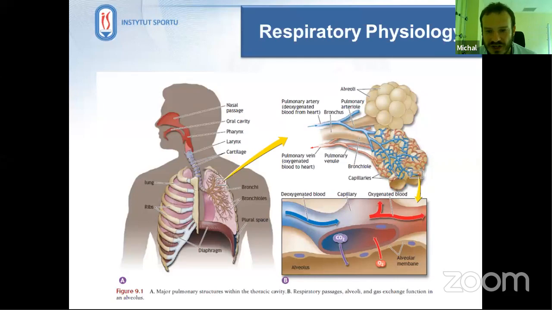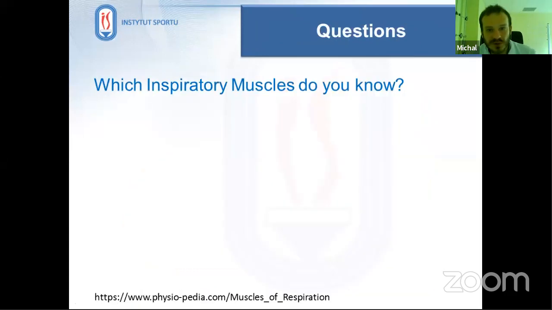The exchange of CO2 and O2 is made in the bronchioles and capillaries. But what is most important for me is that here we have the main inspiratory muscle, the diaphragm, which we will work on.